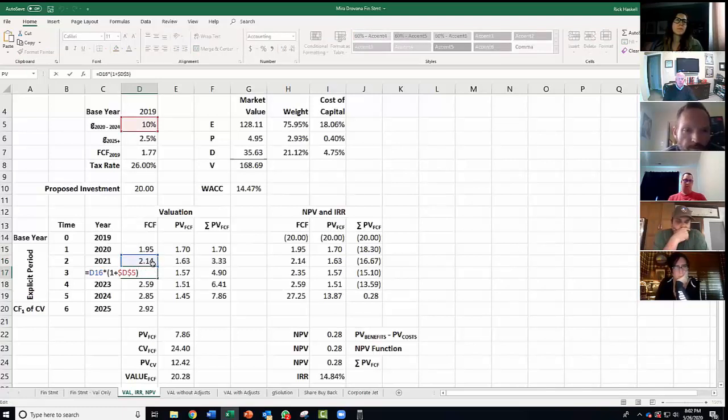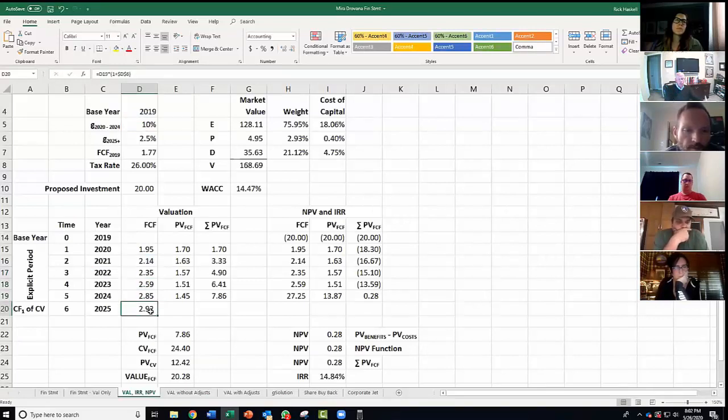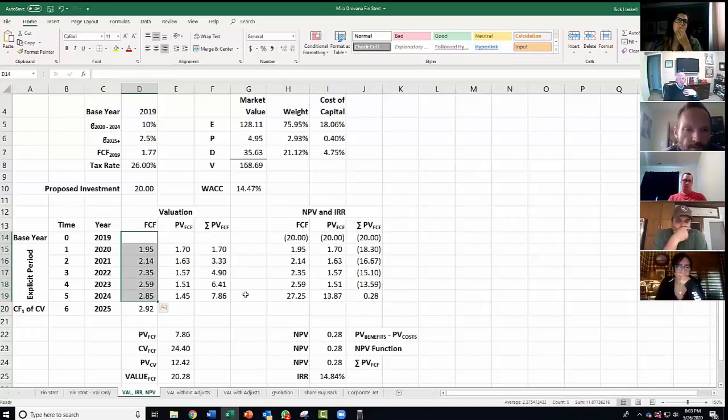So I take the year before times 1 plus whatever the growth rate is, and it gives me the next one. I do that year over year. And then I change that growth rate when I get to the end of my explicit period. When I'm thinking about the next, I change that growth rate to this very normalized, vanilla pudding, very bland growth rate. This pattern is going to be repeated throughout all of our valuation modeling. I'm doing this only to come up with some cash flow.